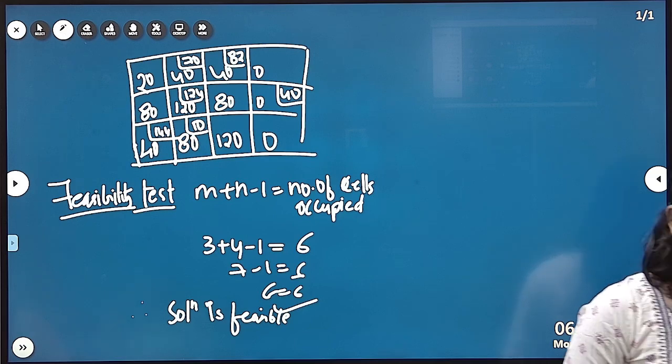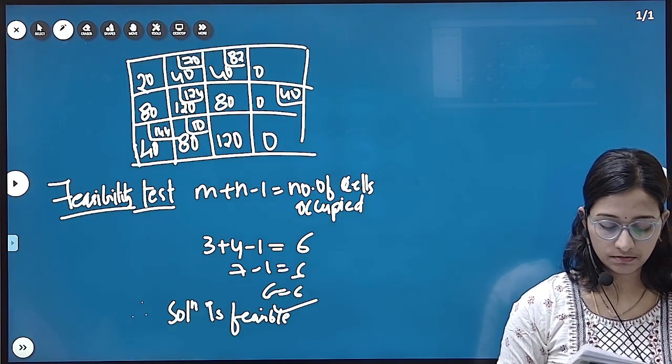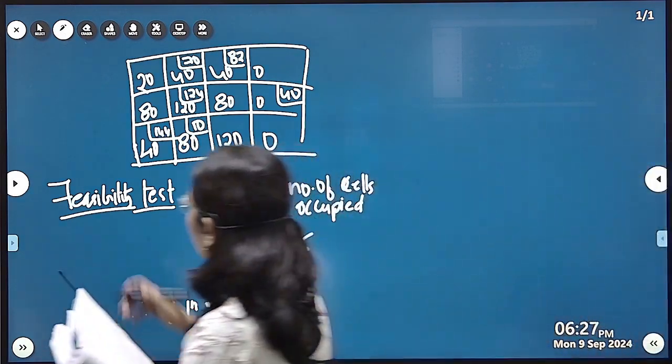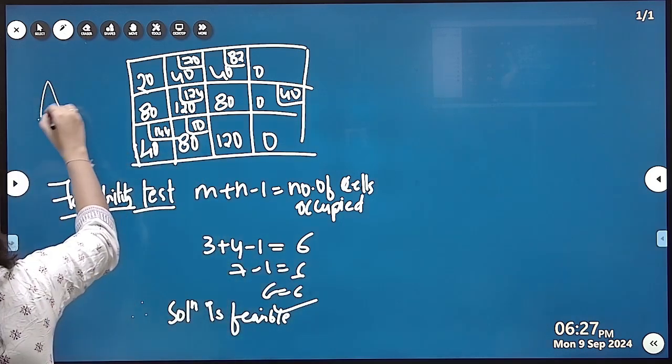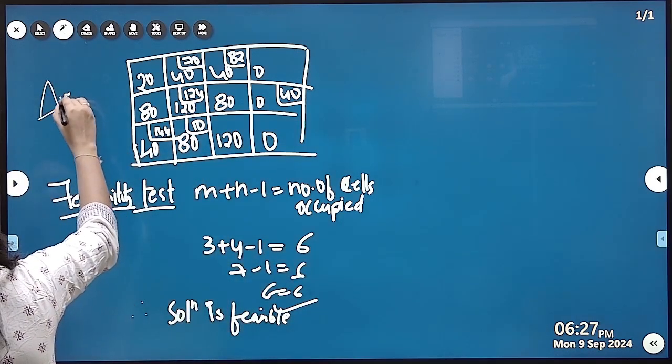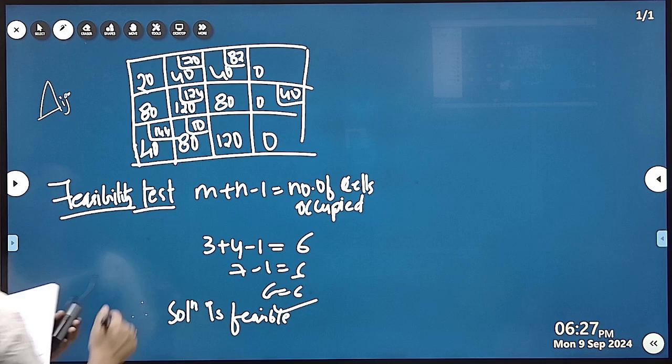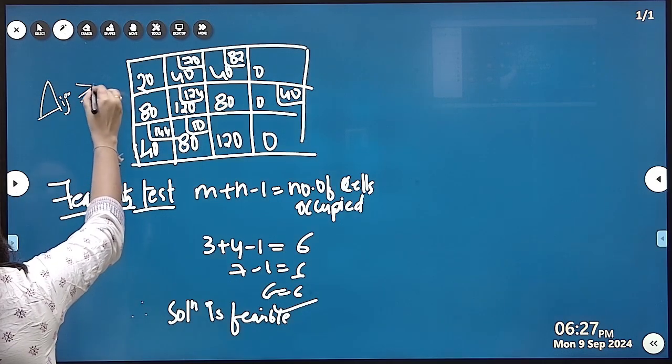The solution obtained is optimal when all delta ij is more than or equal to 0.